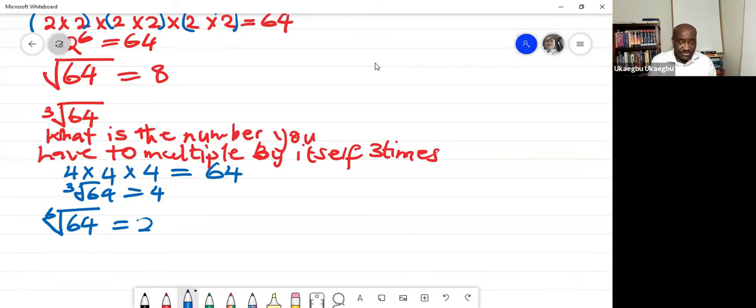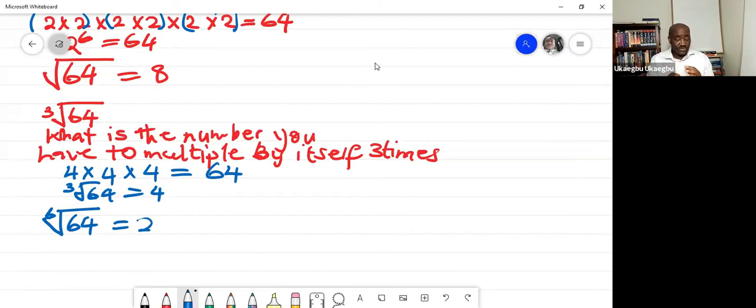So if you have a number in exponent form and you want to do the reverse operation, you are going to do the radical of it. It can be second radical, which is a square root, or third radical, which is a cube root, or fourth radical, or fifth radical, or sixth radical, as the case might be.